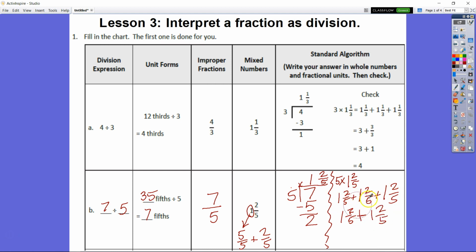So we have 1, 2, 3, 4, 5 wholes, and we have 2 fifths, 4 fifths, 6 fifths, 8 fifths, 10 fifths. So we know that 10 fifths is equal to 2, so this here is equal to 7.